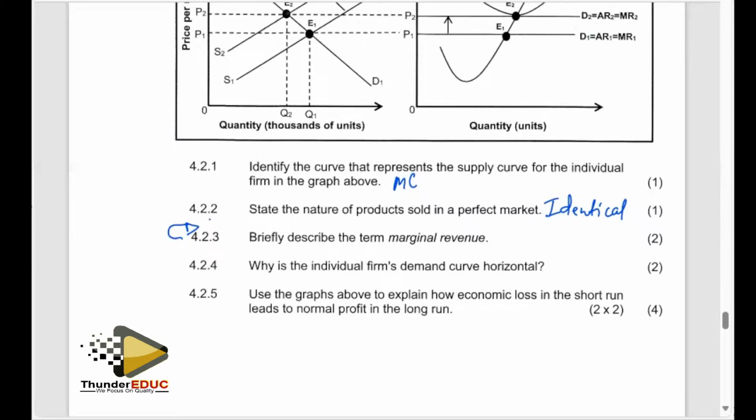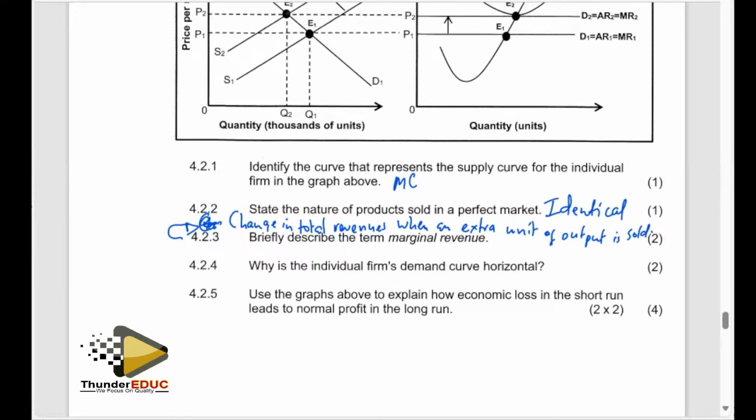So now you're saying that this is a change in total revenues when an extra unit of output is sold.